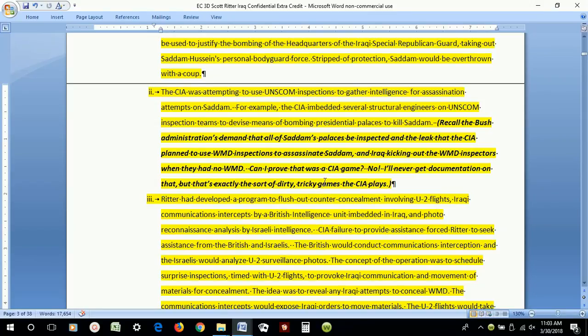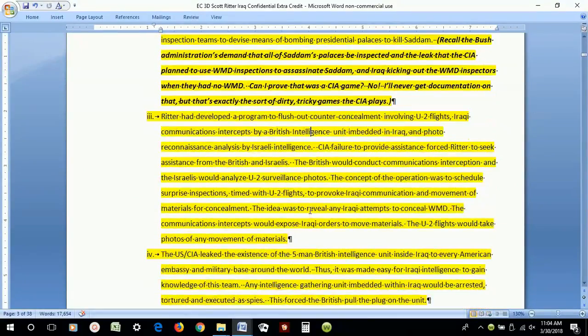Because when they kicked out those weapons inspectors, in the American public mind, Saddam's hiding something. But from the Iraqi perspective, they're worried that inspections will be used to try to assassinate Saddam. That's a total CIA game. That's typical, not out of the ordinary. That's classic CIA crap, right?